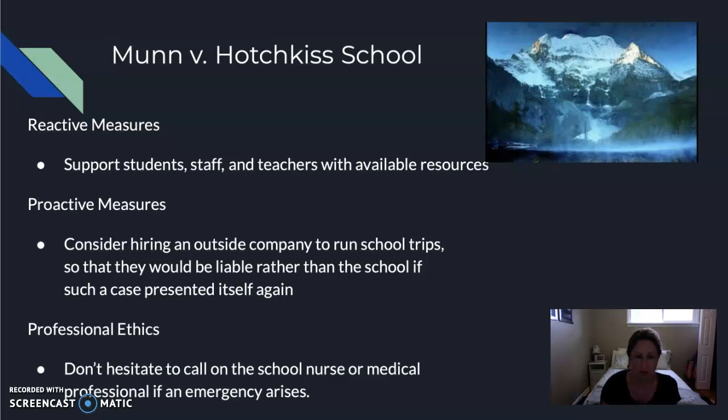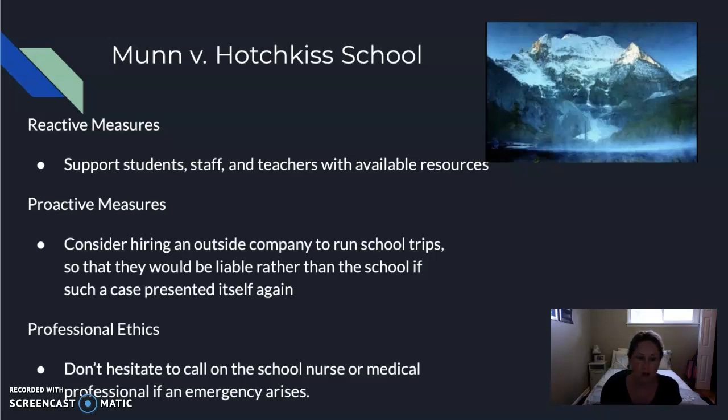Kara and her parents sued Hotchkiss, arguing that the school was negligent under Connecticut law for failing to warn them that the trip might bring her into contact with disease-bearing insects, and in failing to take steps to ensure that Kara took proactive measures, such as using insect repellent, wearing proper clothing while hiking in forested areas, and checking for ticks.